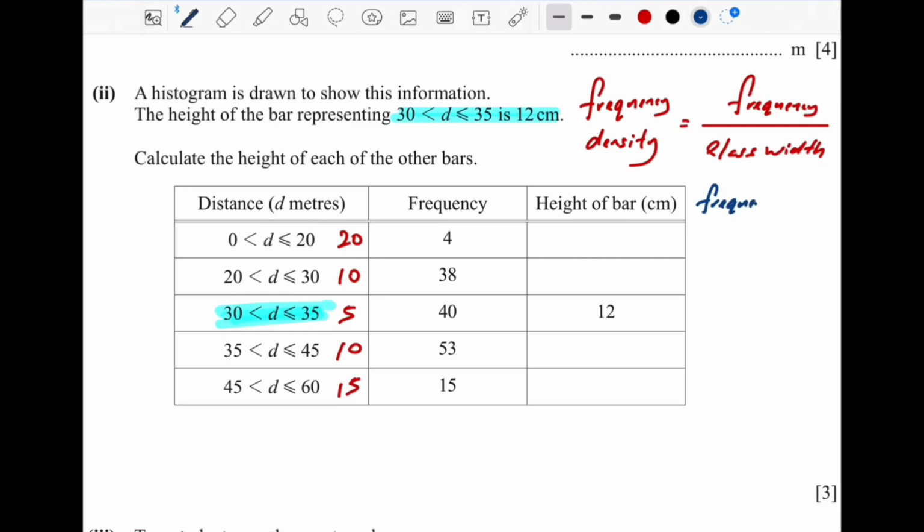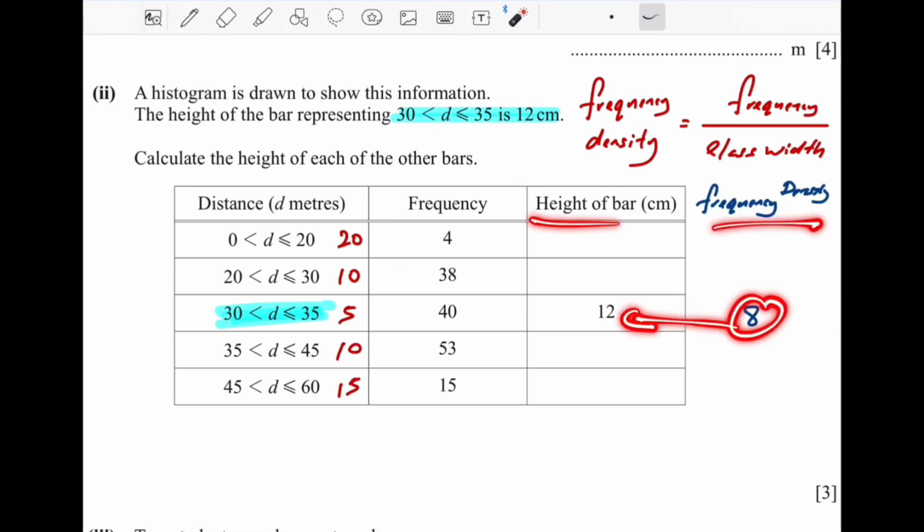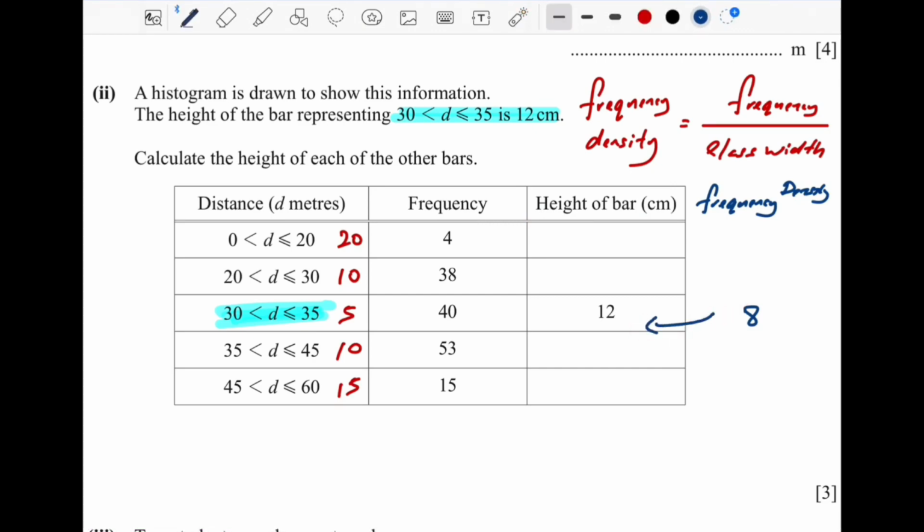If I were to have another column for frequency density, it should be 8. However, from frequency density, it changes from 8 to 12 to be the height, so that's a skew. So 8 to 12 basically is times 1.5, am I right?